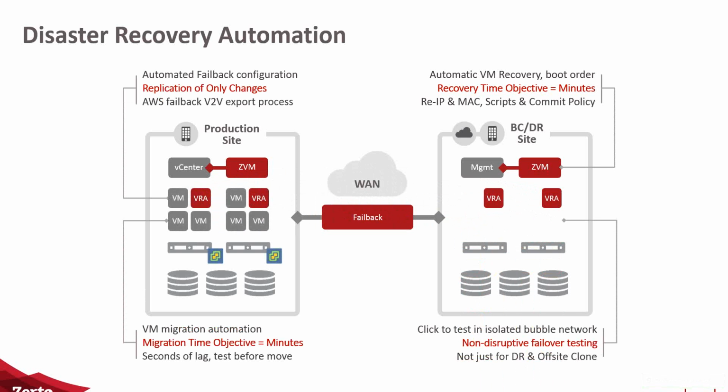One point here in terms of failback from Amazon, it is currently not included in the Zerto software. It is a manual V2V export process, so you'd simply just install VMware Converter, create copies of the virtual machines to send them back into the production site. The reason why it's currently a V2V export process is because, as you can see, Zerto replicates using replication appliances.